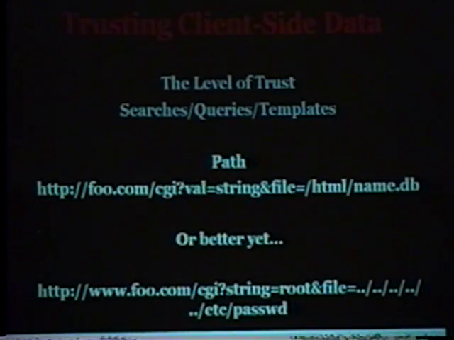So here are some examples of parameter tampering straight in the URL. It's just the level of trust that web applications put in search strings, queries, template files, or whatever. In this example, we have two parameters: val, which is equal to string, and file. Conceptually speaking, the CGI application is searching the named DB database for string.